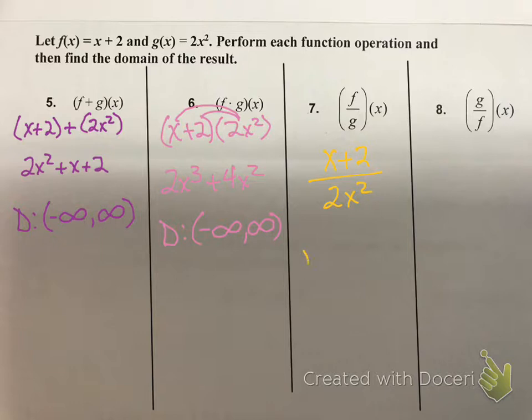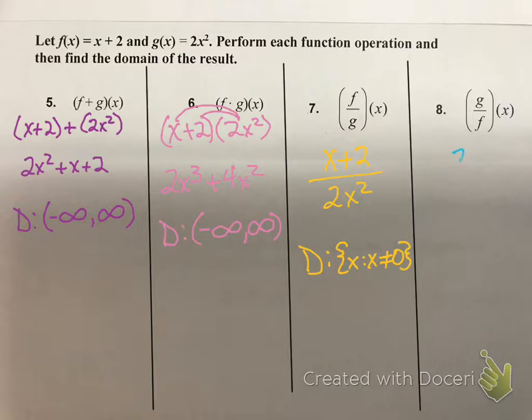Now, f divided by g. x plus 2 and 2x squared don't have any common factors between the two of them, so we just leave that the way it is. There is no reducing. It's already in reduced form. So, what would make my denominator equal 0? 0 would.